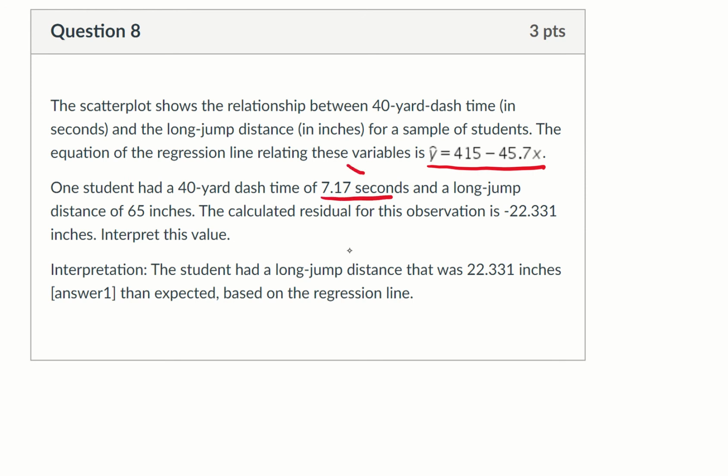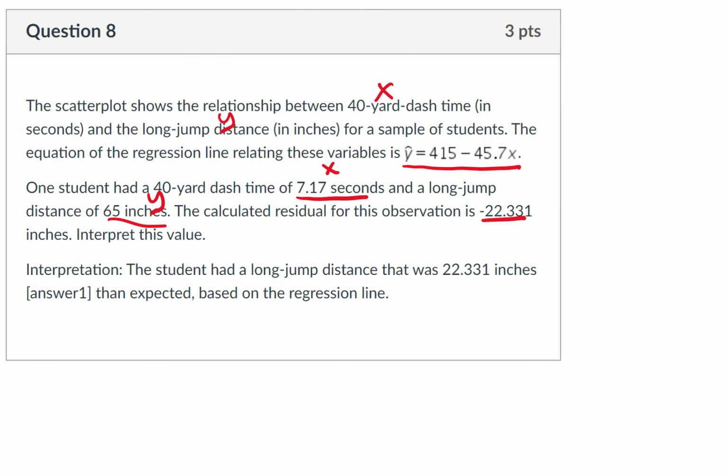So this is our X, the 40-yard dash time is X, and the long jump distance is Y. We're thinking that the faster you are in the 40-yard dash, the higher you jump, basically. And so we're thinking that that's the case. So in a long jump distance of 65, that's Y. The calculated residual is negative 22.331 inches.